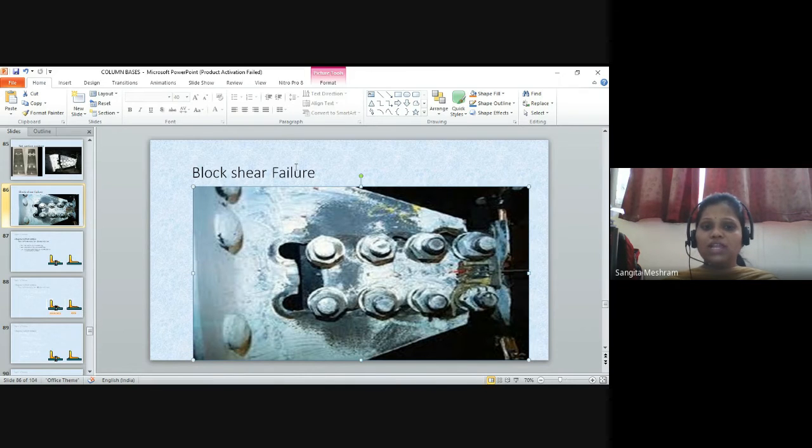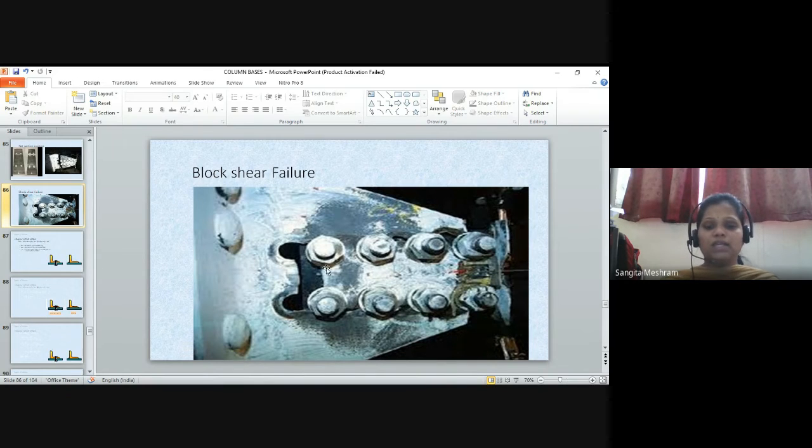This failure is block shear failure. If two members are connected and one member has more force, then due to the application of force the plate will get crushed. The whole plate will slip off from the member, and this failure is called block shear failure.